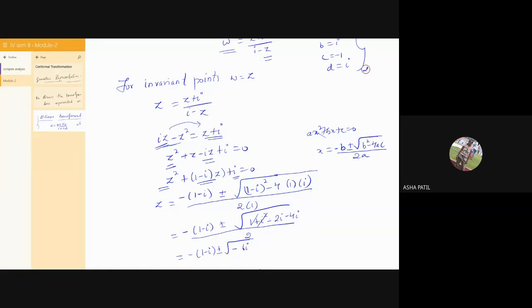Minus 6i divided by 2. Just keep whatever you get as your invariant points. So this is their bilinear transformation.